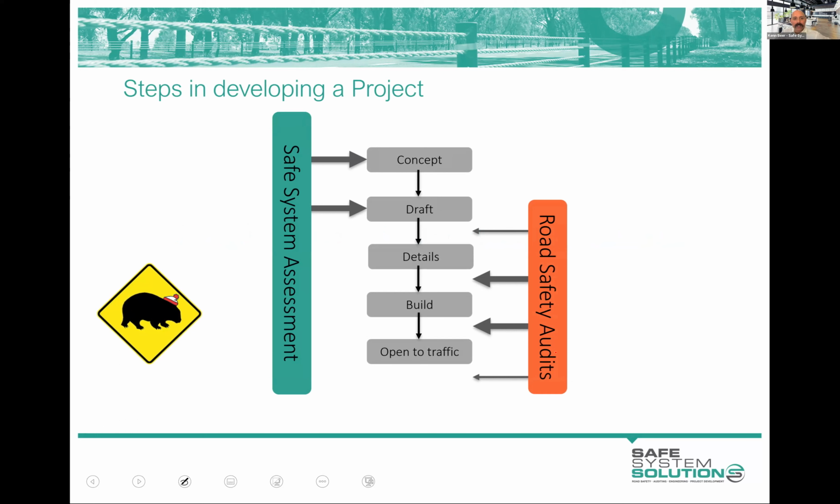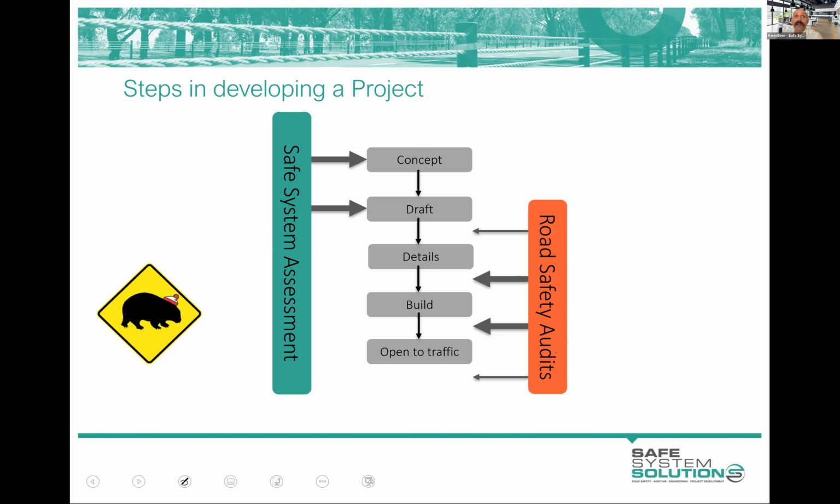And the road safety audits seem to work better in the detailed design end, when you've moved it along. And certainly for the temporary traffic management, checking and looking at how that's all going to play out.